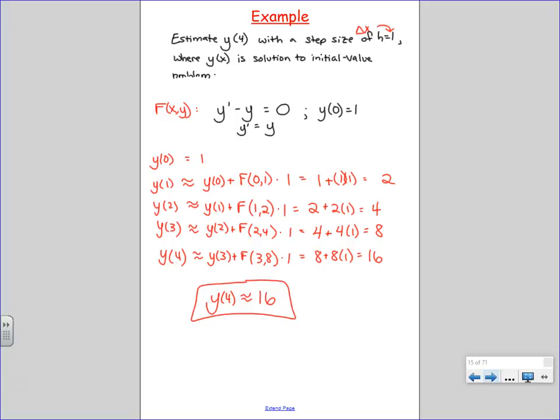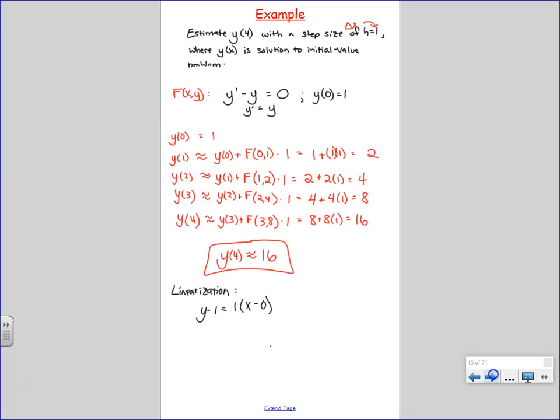Now, to prove a quick point, if I was just to do linearization, aka just use a single tangent line, the initial tangent line at 0, 1, to estimate 4, which we know is a bad idea. That's 4 away. There's no way that's close, right? We would have done y minus 1 equals y prime, which would have been 1, times x minus 0.